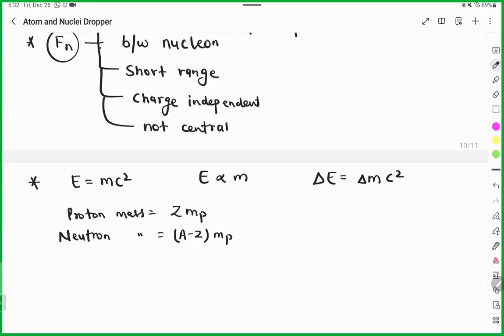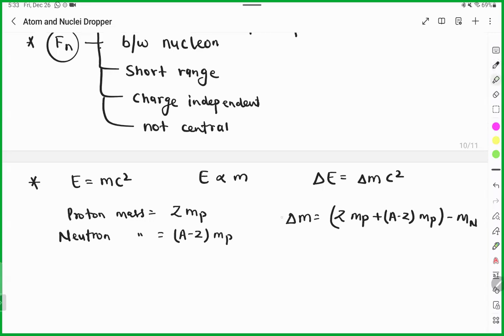So when you calculate the mass defect, you see total nucleus mass and its constituent mass is not same. Actually, there is a difference. And how to calculate the difference? Add all the constituent masses and then subtract the mass of the nucleus.